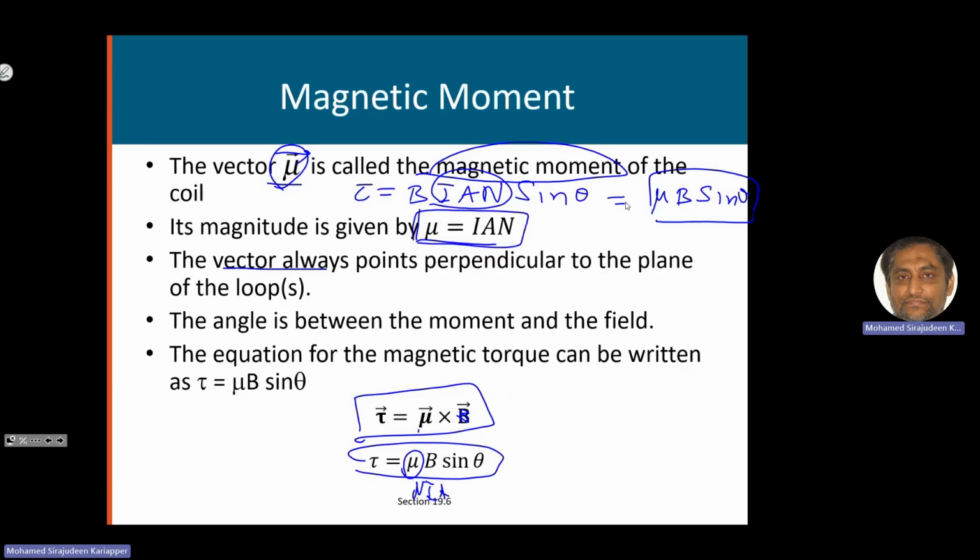It is mu vector product B. By applying the right hand rule, put your fingers along the magnetic moment and curl them towards the magnetic field, and you will get the direction of the magnetic torque.